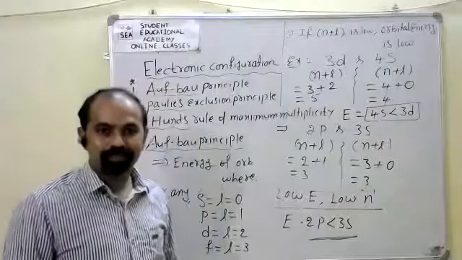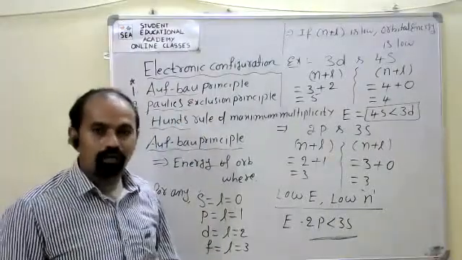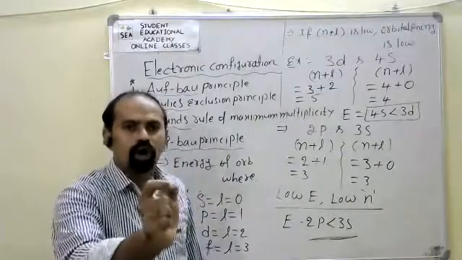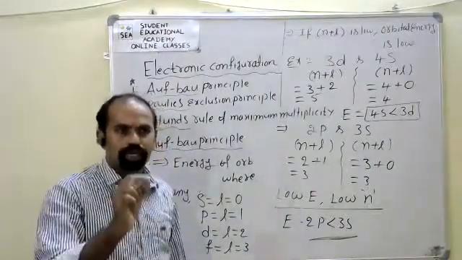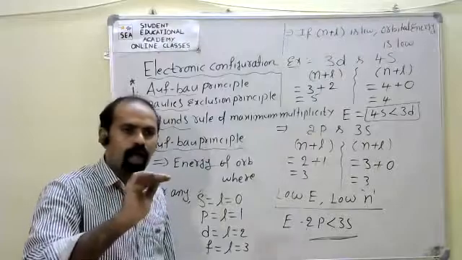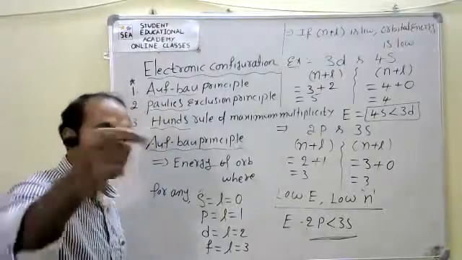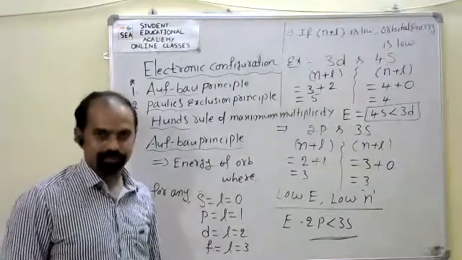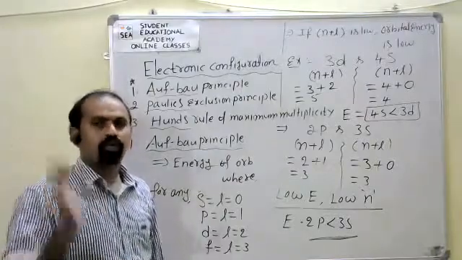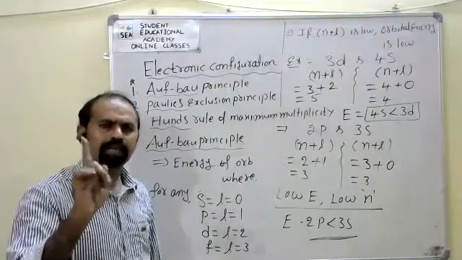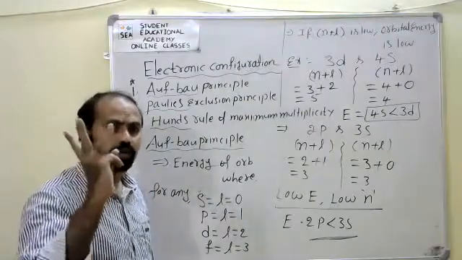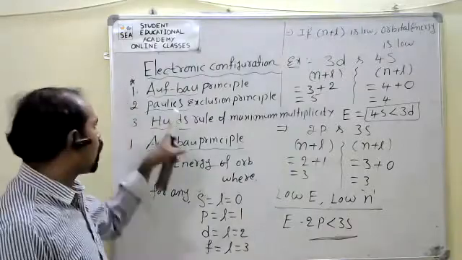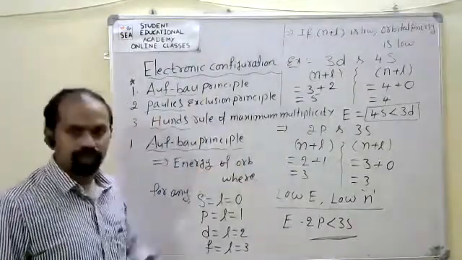Electronic configuration means the filling of electrons into the orbitals of a given atom. This electronic configuration mainly depends on three rules, nothing but principles. First principle, Aufbau principle.